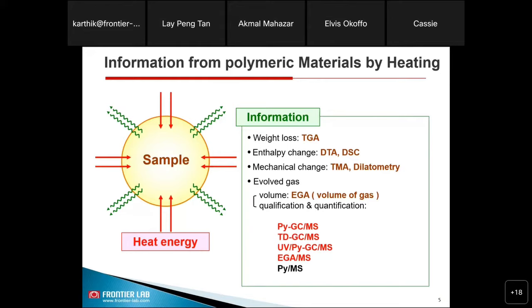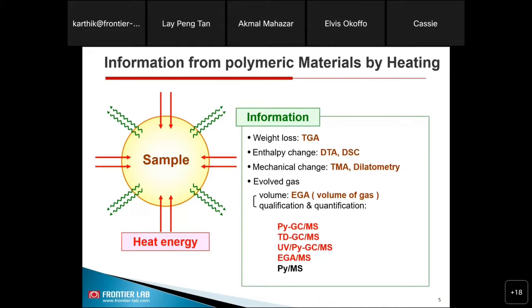Okay, when it comes to chemical analysis, most of the time it is evolved gas analysis. Evolved gas analysis, again, you can do with different approaches and different objectives. What we have listed here is that evolved gas analysis can be done in at least four common ways.